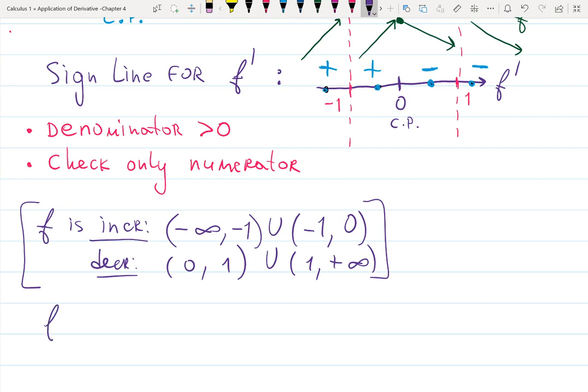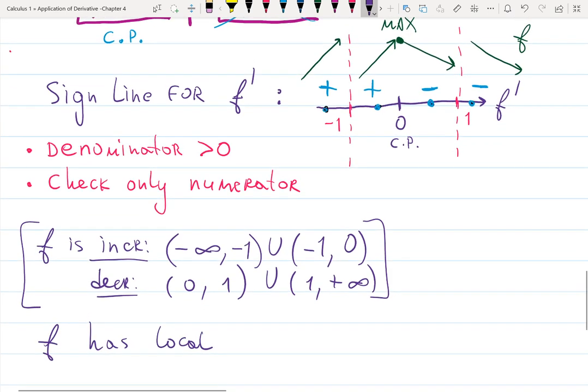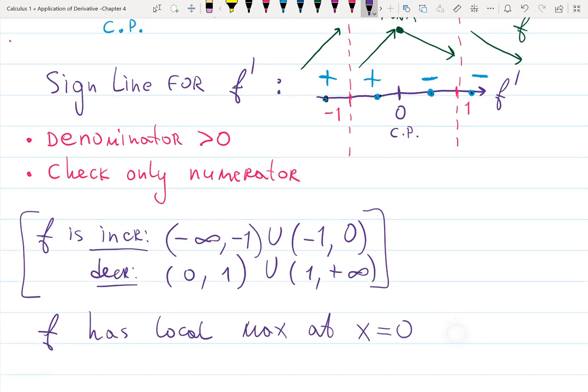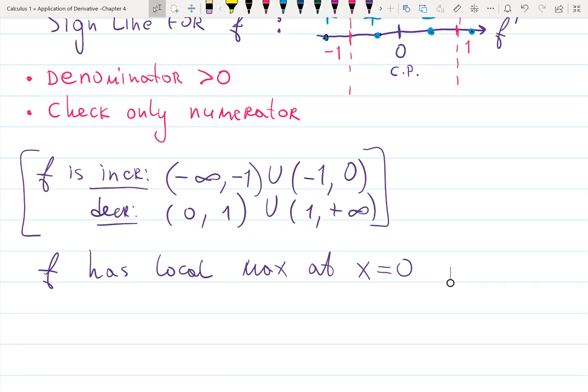And one more answer is f has, look at the graph, local maximum at x equals 0. But also it's not very nice to just enter the input. Find f at 0 to have the output. Well, f at 0, that's the original function. Do you remember that?